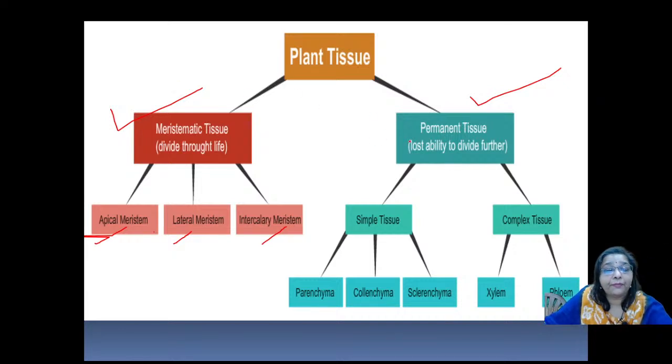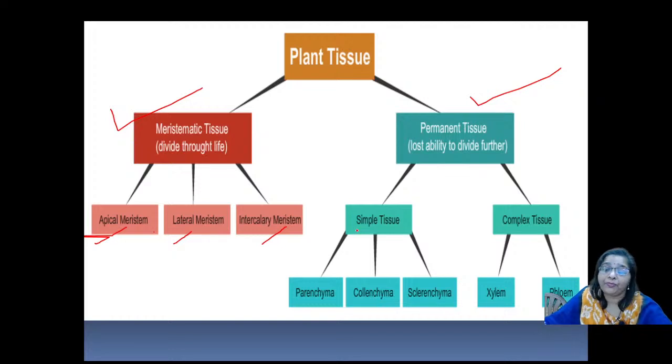Let us talk about the permanent tissue now. The permanent tissue actually are of basic two types. They are the simple tissues and the complex tissues. The simple tissues are made up of only one type of cells, whereas the complex tissues are made up of two or more than two types of cells, right? So let us talk about these simple tissues.